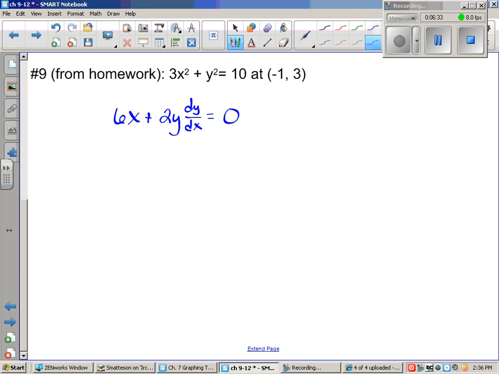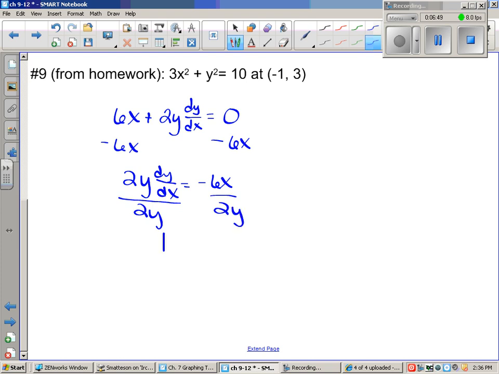Some people, especially when you're not given the point, prefer instead to solve at this point for dy/dx. So you have 2y dy/dx equals -6x. Now we'll divide by 2y. So dy/dx equals -6x over 2y.